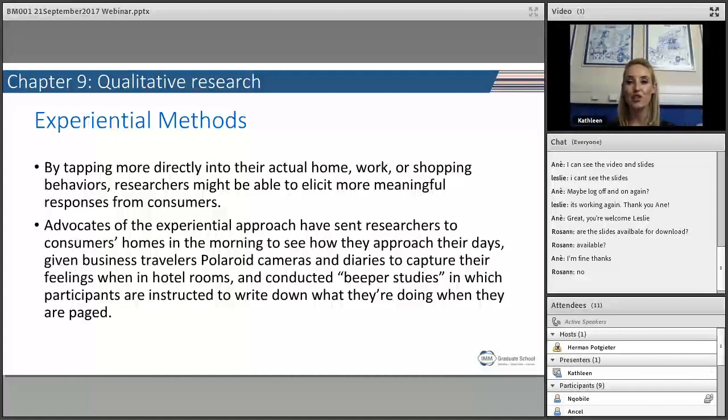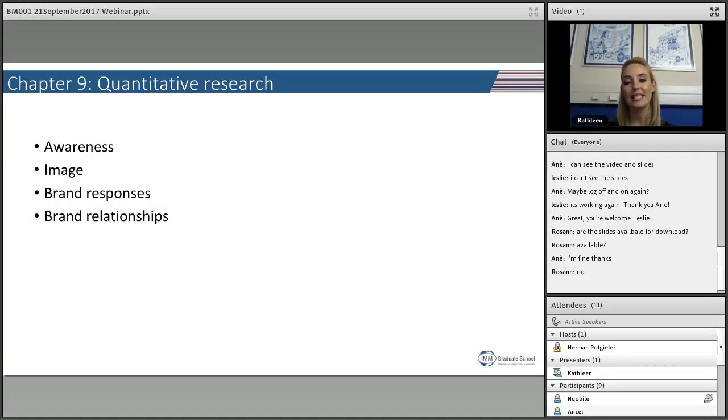So obviously the images were easier than them writing everything down. And another example was where they conducted what they called beeper studies, where participants were instructed to write down what they were doing whenever they were paged or a notification was sent to them. In this way, we can find out a little bit more about our customer behavior in terms of their responses to our marketing communication.